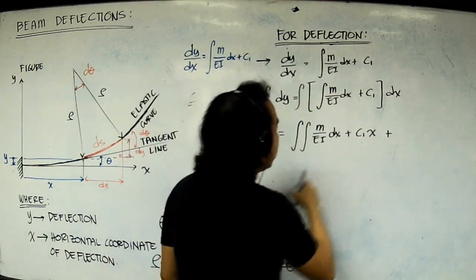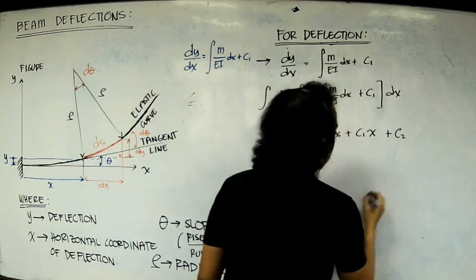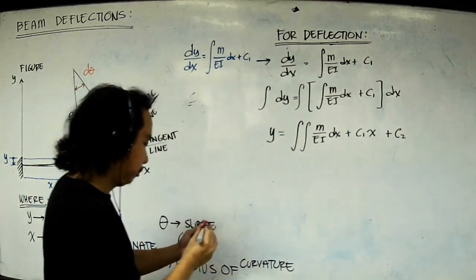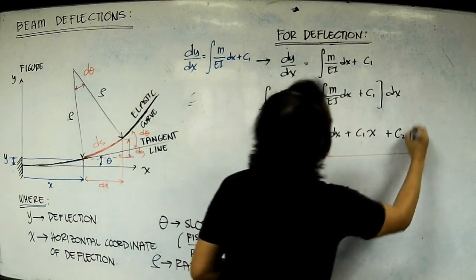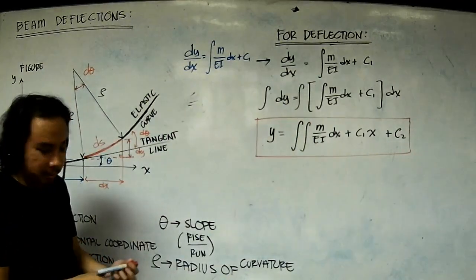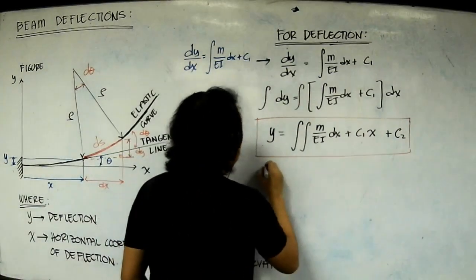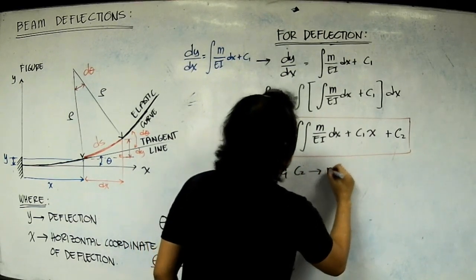Now, in this second integration process, this will result in a second arbitrary constant, C2. And thus, we arrive at the expression for beam deflection, in which C1 and C2 are arbitrary constants.